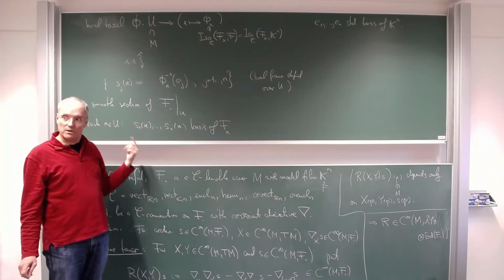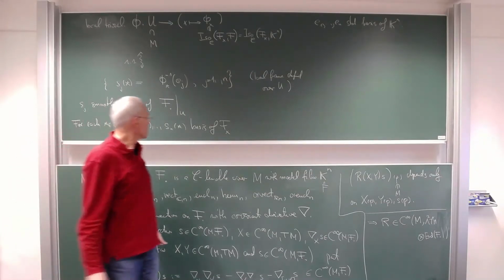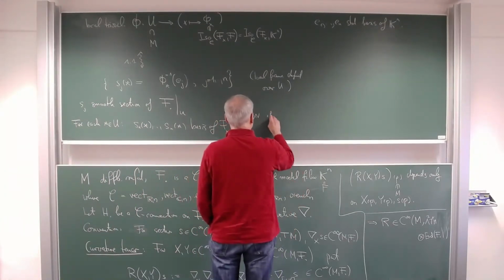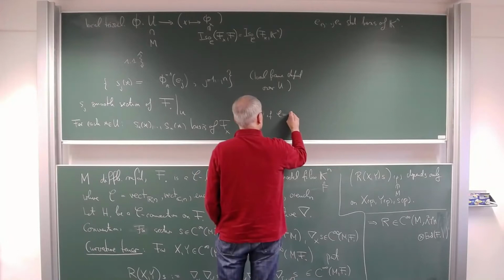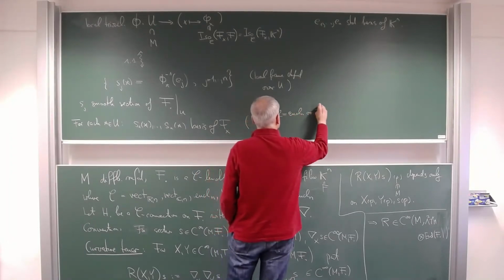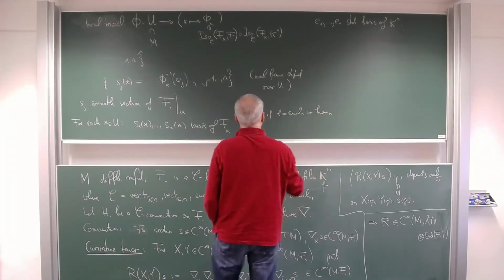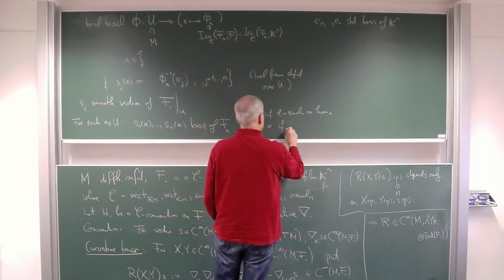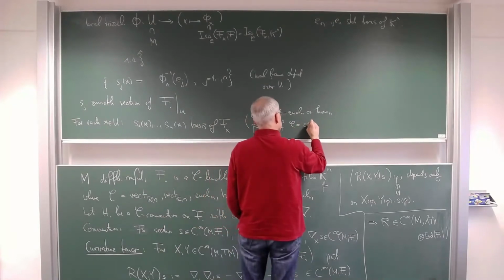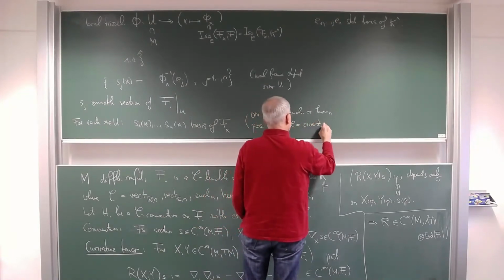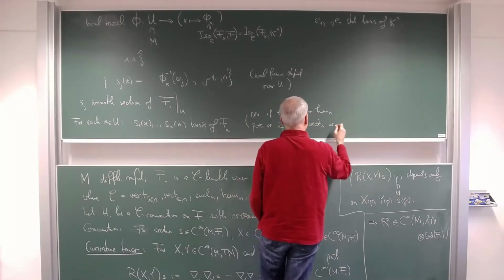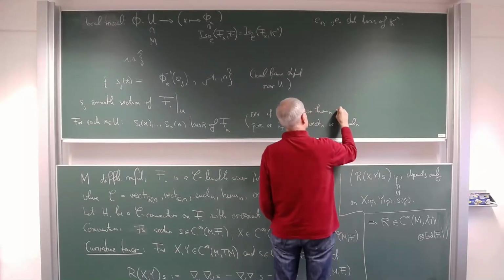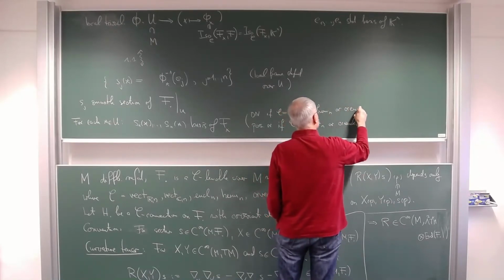So this structure will always be preserved. So maybe I write this here. Orthonormal if the category is Euclidean spaces or Hermitian spaces. And positively oriented if the category is oriented vector spaces. Or, yeah, oriented Euclidean spaces. This oriented Euclidean spaces applies here too, of course.